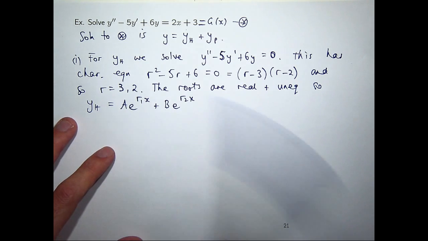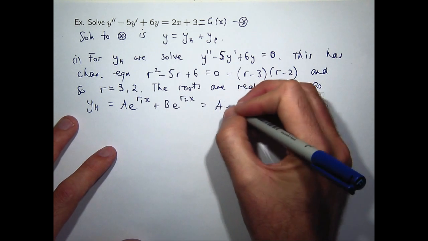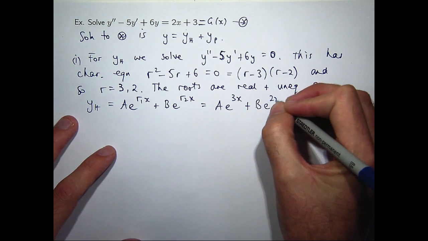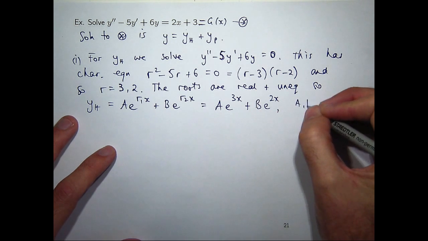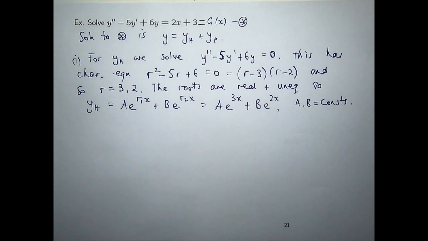Okay, R1 and R2 are just the roots. A and B are just constants. Now it doesn't matter which way you put in the R1 and the R2. It's just a general solution. Okay, so that's pretty easy, right?